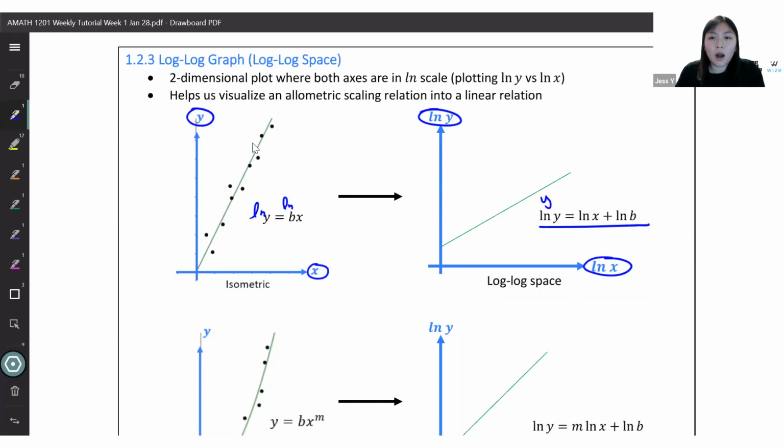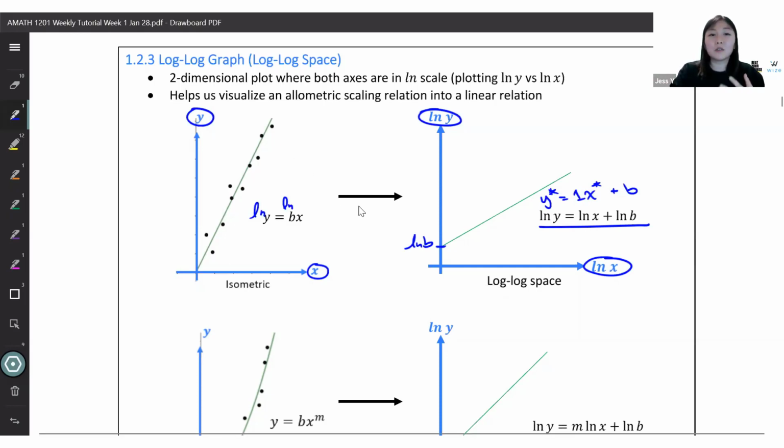Well, this is our new y equals our 1x plus b. So it's a straight line, and the slope of this line is 1, and the y-intercept is ln b, right? That's what happens when you turn y equals bx into a log-log graph. Nothing really fun there, it's just we're turning a straight line into another straight line.